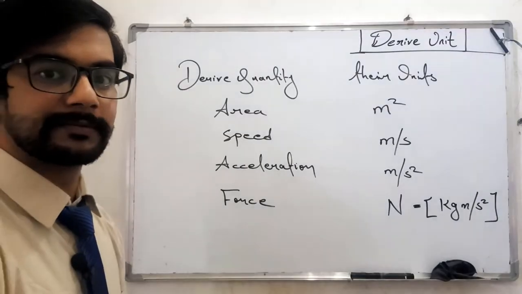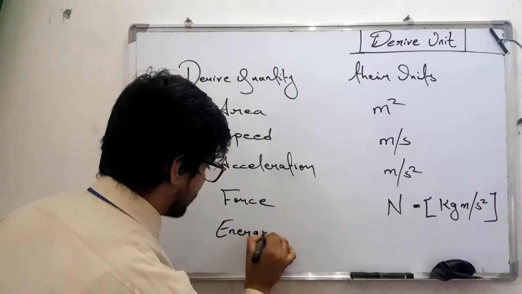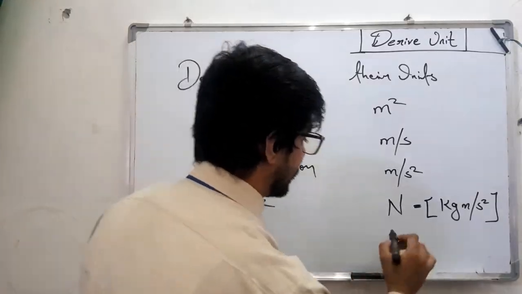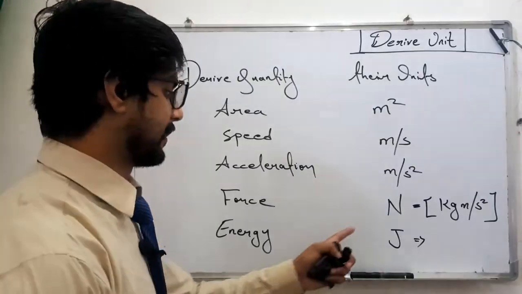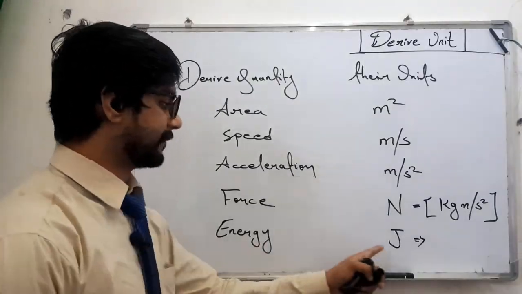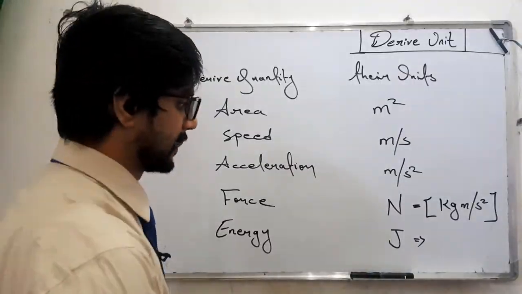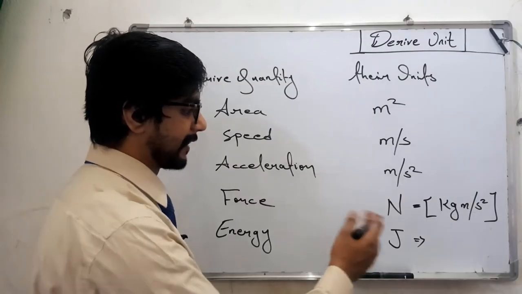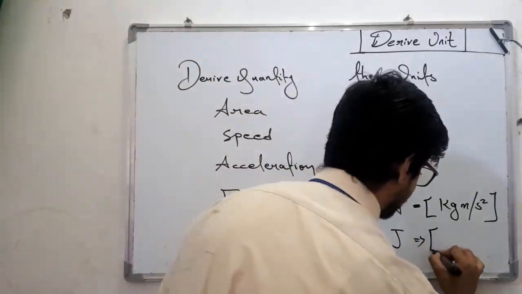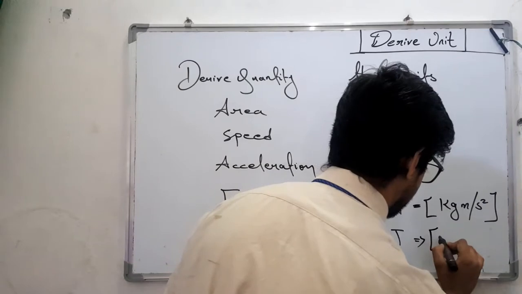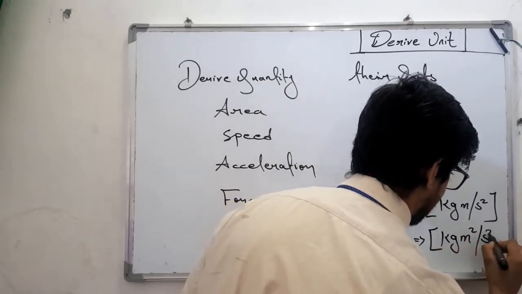In the same way, see now energy. Simply, energy you can express by the capital J, first letter of joule, and if you need to express it again in form of the fundamental terms, you can express it as kg meter square per second square.